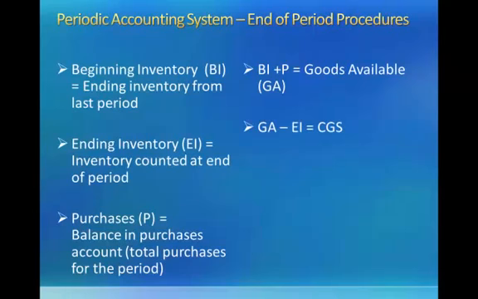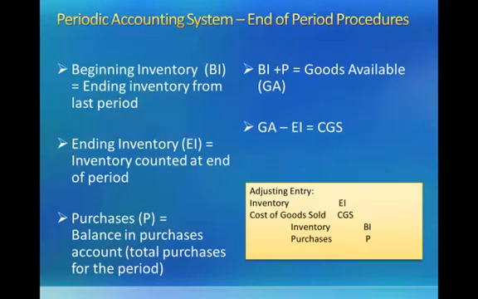If we subtract our ending inventory from goods available, that gives us cost of goods sold. What we have available minus what we have left over is equal to what we sold. Our adjusting entry at the end of the period is to debit inventory for ending inventory, debit cost of goods sold for the cost of goods sold, credit inventory for beginning inventory, and credit purchases for purchases.